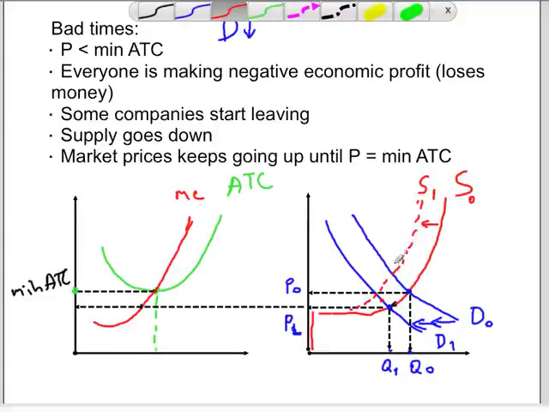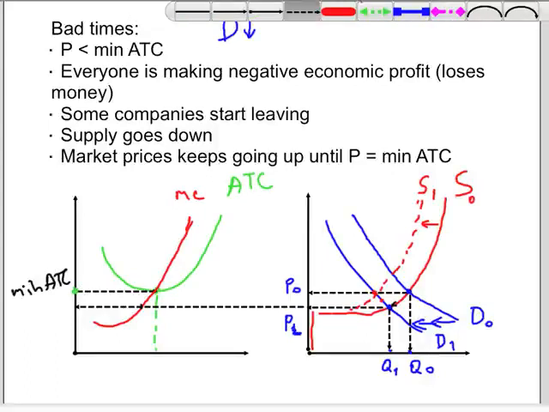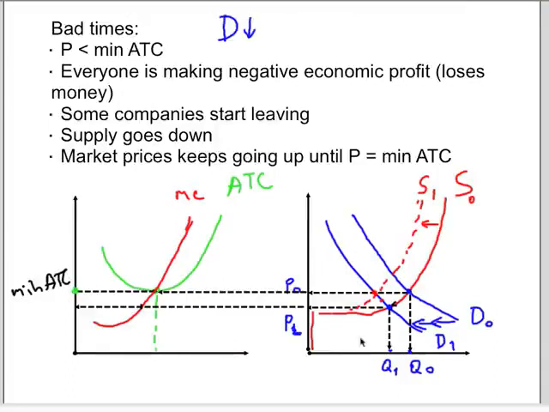Supply actually goes down, which means we have a leftward shift in supply from S0 to S1, and S1 is going to be such a supply curve which will restore the initial price, which is equal to minimum average total cost. So this new supply curve restores what I call here P0, which is supposed to be equal to minimum average total cost.